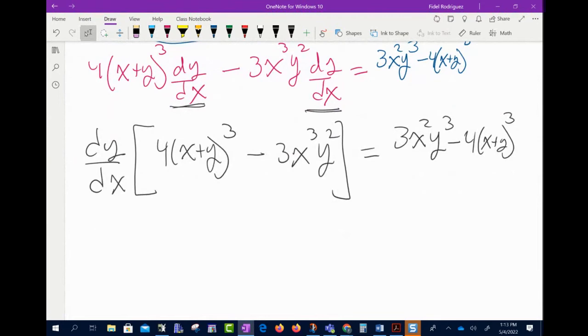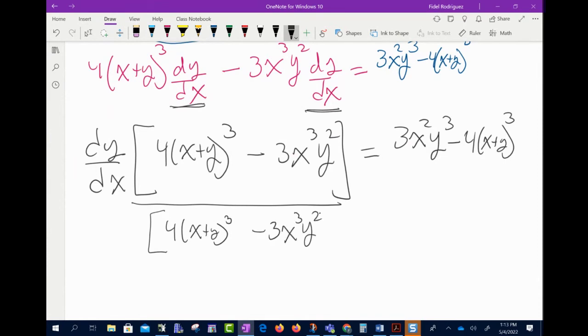Okay, finally, my last step. Let's get rid of this guy here. So let's divide 4x plus y to the third minus 3x to the third y squared on both sides.